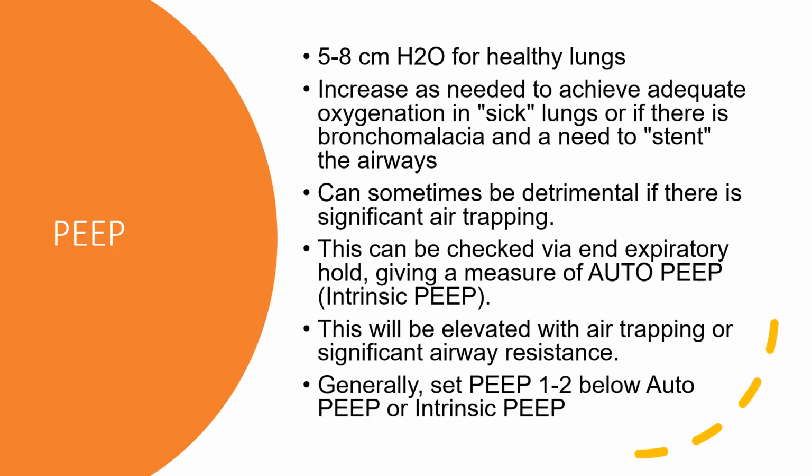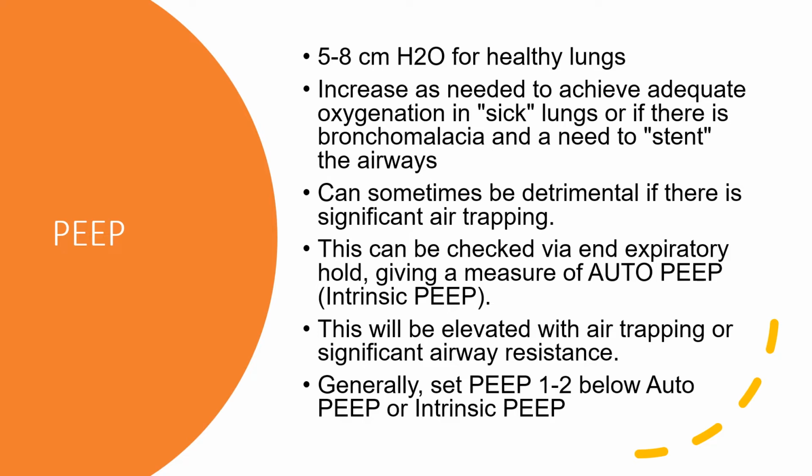So the point is, if you have someone on high levels of PEEP, or someone who has COPD, you really want to check their intrinsic PEEP. Once you test it and check their intrinsic PEEP, you set their PEEP level 1 or 2 below that setting, and this will give you a way of stenting the airway. So in summary, the starting numbers are 5 to 8 centimeters of pressure of PEEP for mechanical ventilation.